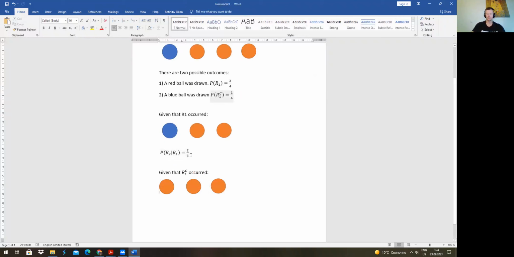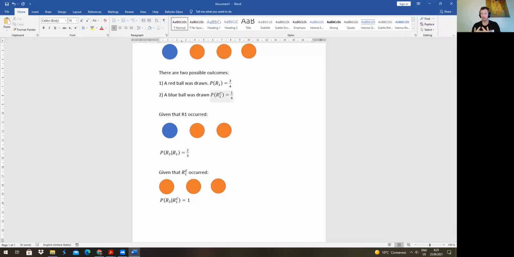So now what is the probability to draw a red ball if on the first draw you have taken a blue ball out? What is the probability to draw a red ball here? Conditional probability. It is 3 over 3, it's 1. Yes, it's 1. Of course.